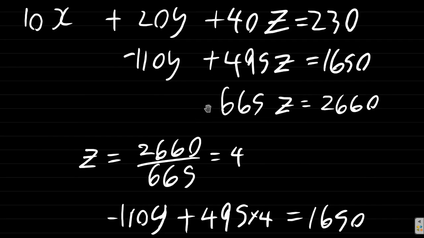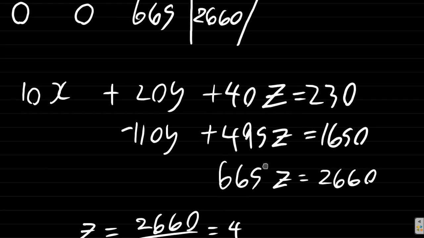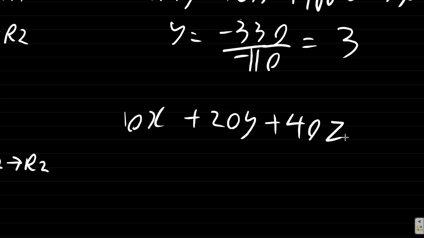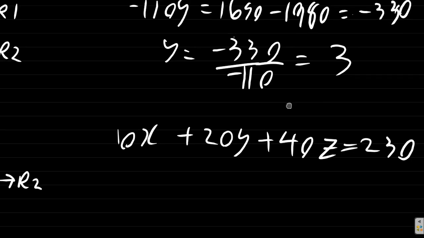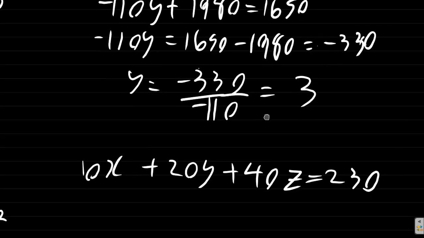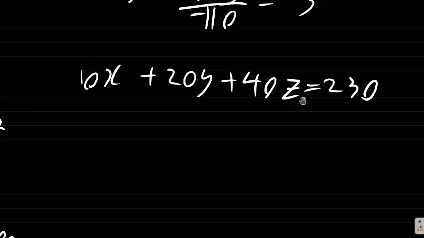What we're going to do now, look at the 10x plus 20y plus 40z equal 230. Just to make sure, 10x, 20y, 40z, 230. Okay, good. Alright. We don't really have to deal with these big numbers.